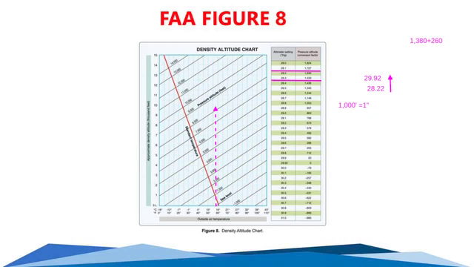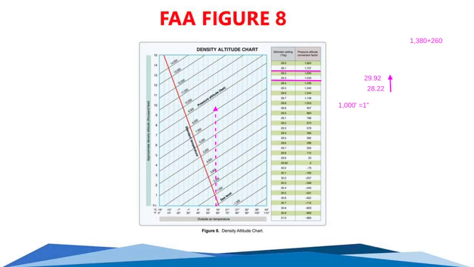Everyone got the 1700 though when you look at the pressure altitude? You're adding the 1610 plus the 1380. I just want to make sure we're all on board with that. We come up with just shy of 3,000 feet for the pressure altitude.